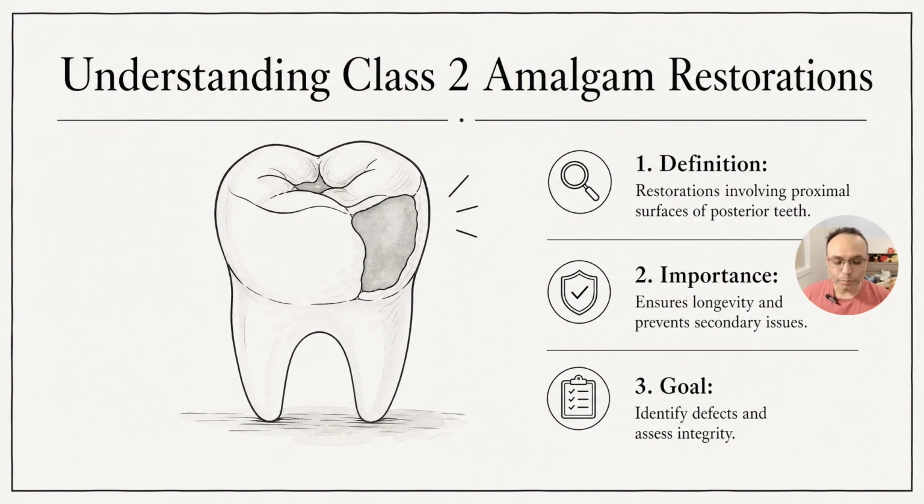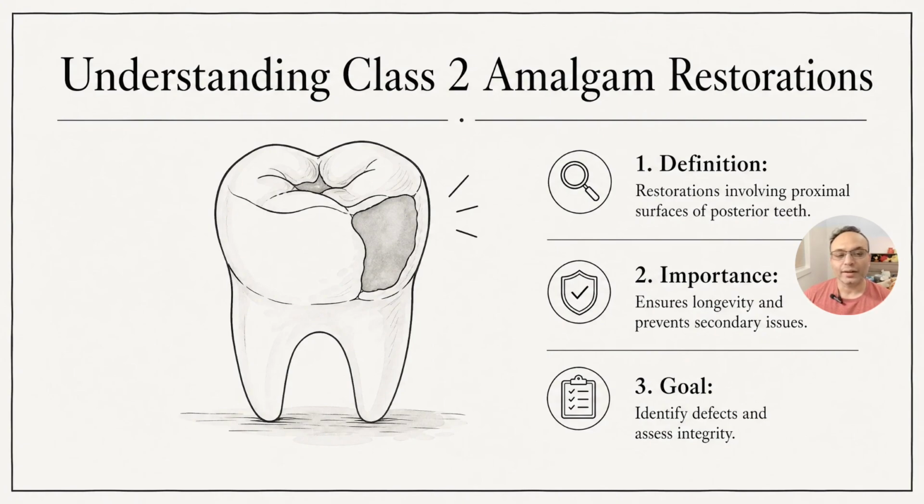Now, the important part is that whenever that cavity is corrected and the lost tissue is replaced with amalgam, we do the necessary diligence to ensure the longevity of the restoration and prevent any secondary caries or secondary issues around that restoration.